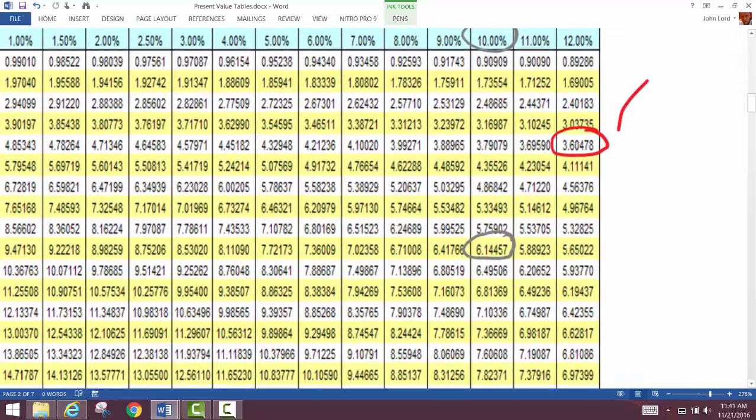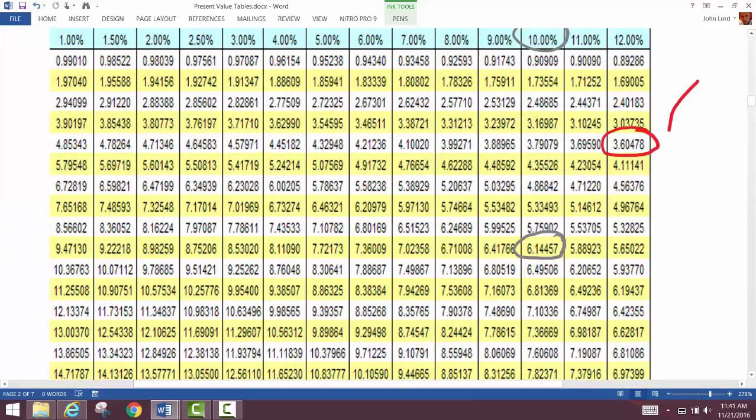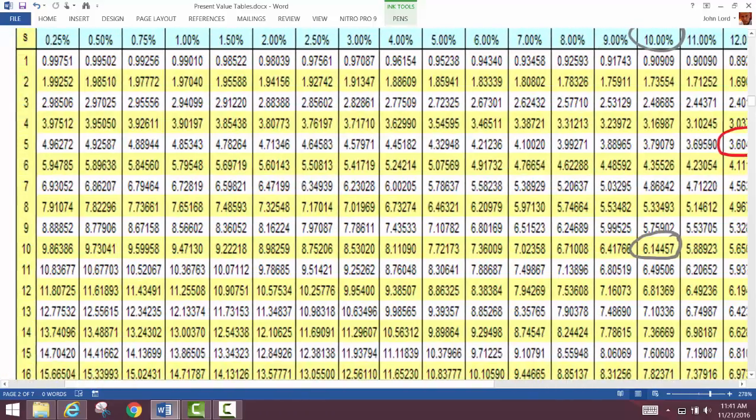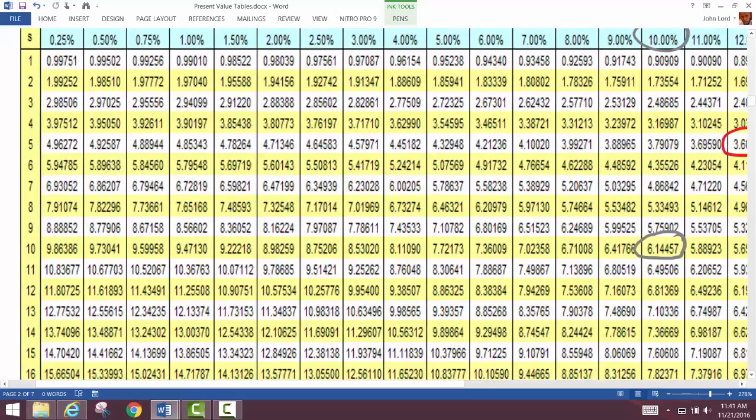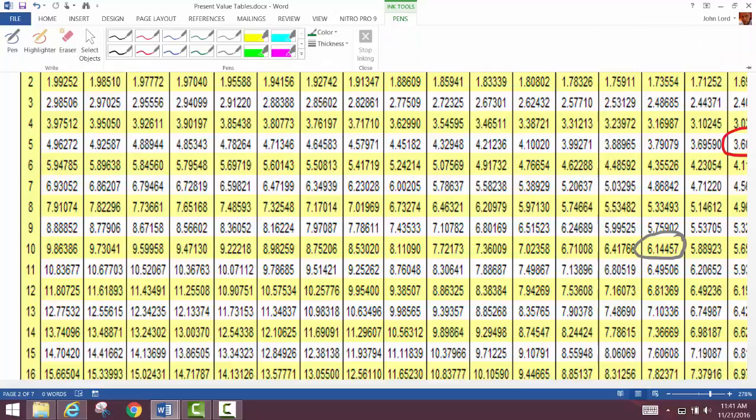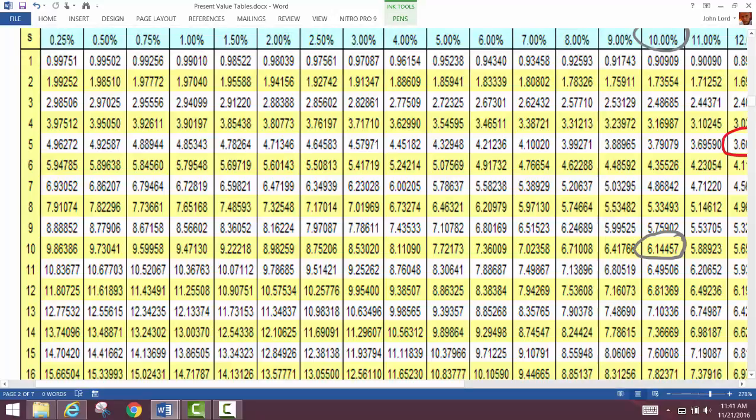And how many periods? 8 years, and the interest rate is 10. 5.33493.